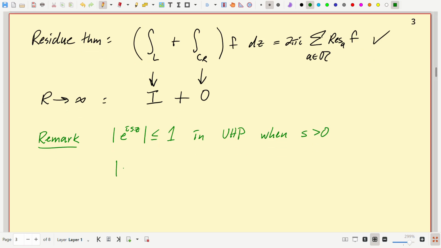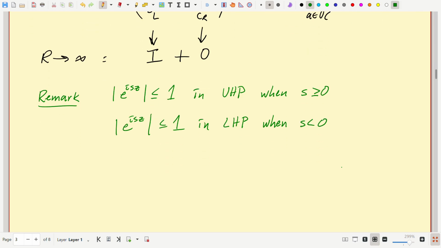And it was less than or equal to 1 in the lower half plane when s is negative. Let's see, this would be true when it's also 0. And so you can get a similar thing.